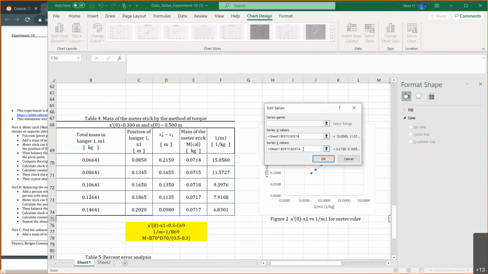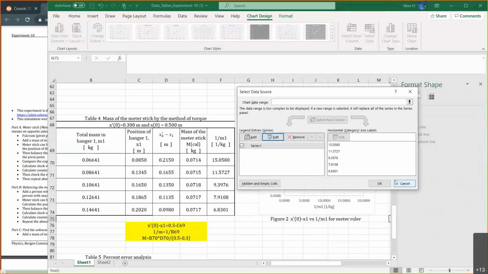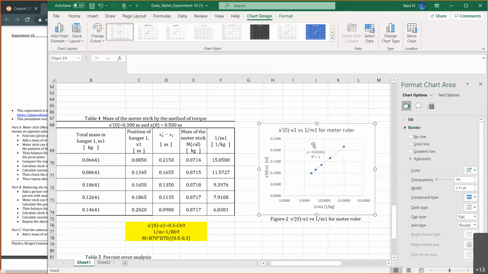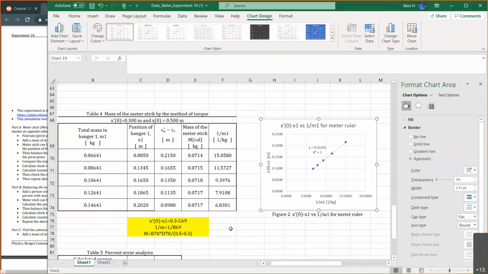Then delete everything on Y, which should be column D 70 to 74. Sometimes it can flip, then your whole graph is going to be very different and the numbers are going to be wrong. Any other question? Right, then that's it.